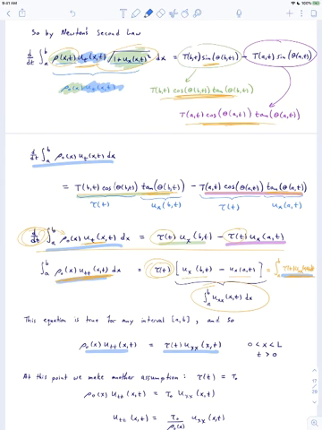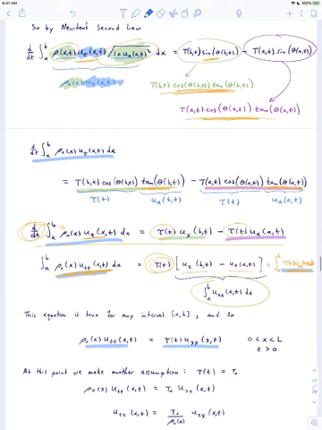Now this is true for any x between 0 and L. Remember, L is the length of our string, and for any time t. At this point, we make another assumption. We're going to assume that tau is constant. So tau is constant, so that's our new assumption. So that just means that this tau is constant.